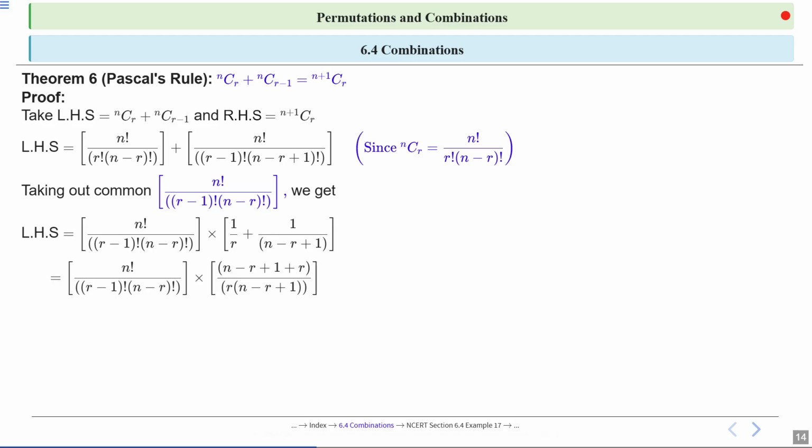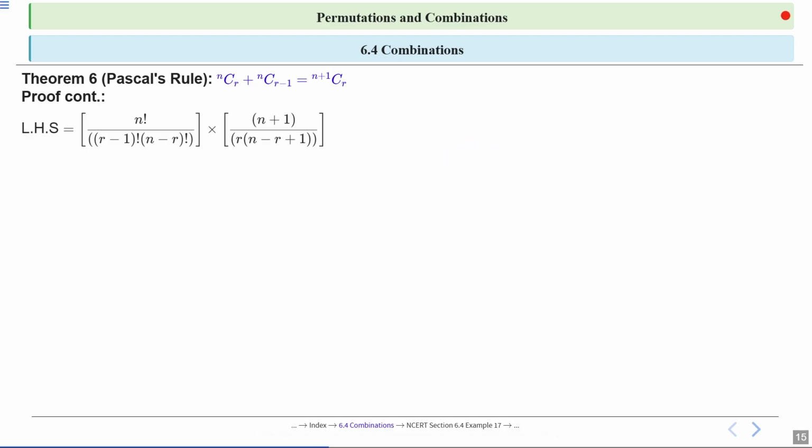This is equal to n factorial upon (r minus 1) factorial times (n minus r) factorial multiplied with (n minus r plus 1 plus r) divided by r times (n minus r plus 1). So LHS will become n factorial upon (r minus 1) factorial times (n minus r) factorial times (n plus 1) upon r times (n minus r plus 1).